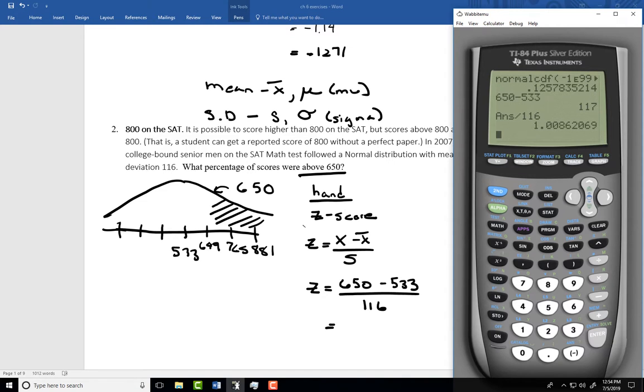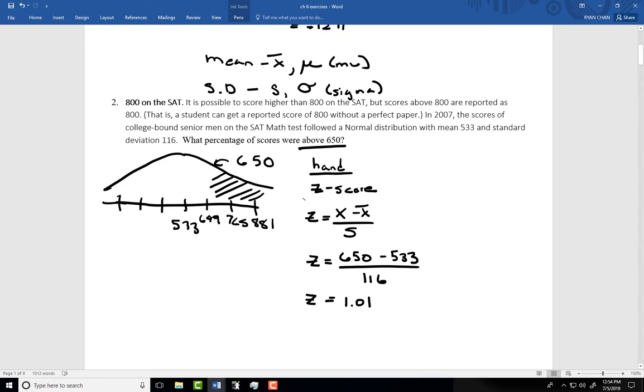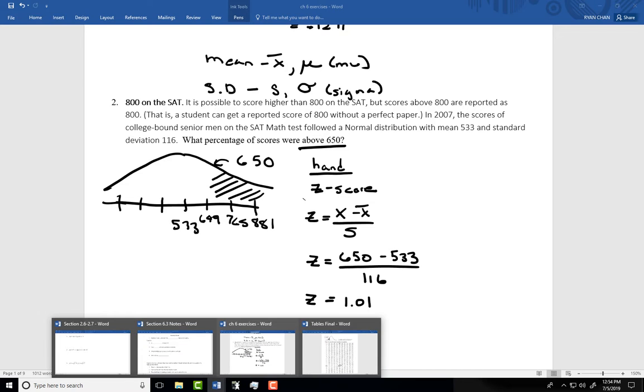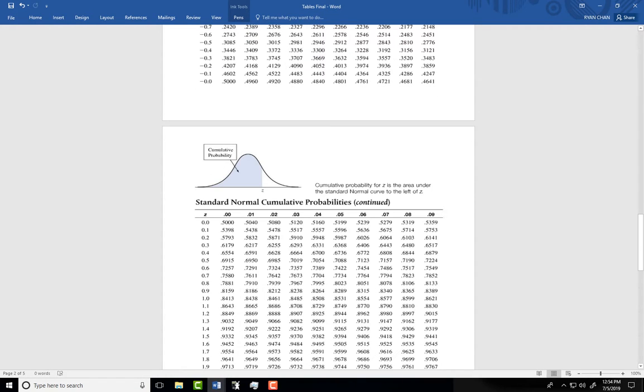And I get 1.01. I'm rounding it to the nearest hundredth, so 2 places after the decimal, I get 1.01. Now, how do I calculate this one right here? Here's a thing to remember. Normal CDF tables, also called a Z table, only go to the left.